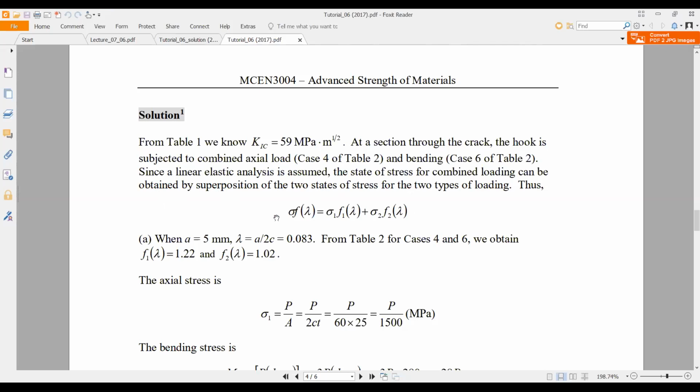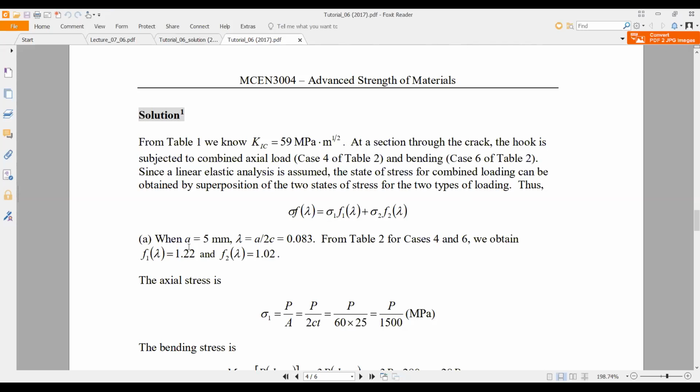Don't worry about this one too much, because they calculate sigma times F lambda, that means sigma times the Y value together. This is the superposition principle actually, so you can calculate separately and get the summation. This is kind of KI.